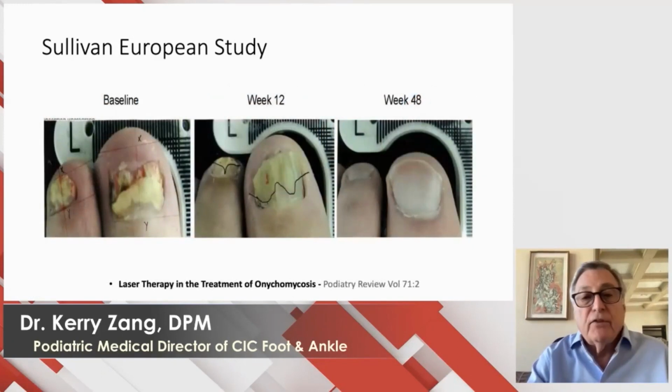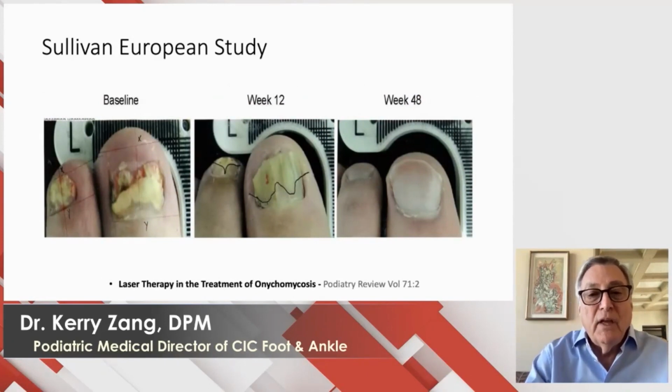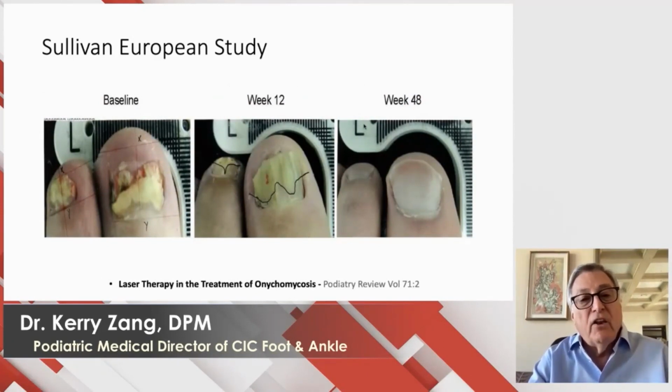When you look at this slide here, this nail, look not only at the great toe, but look at the second toe. And you can see at the 12-week period, the nail is less angry looking. It is starting to grow out. The second toe is clearing.